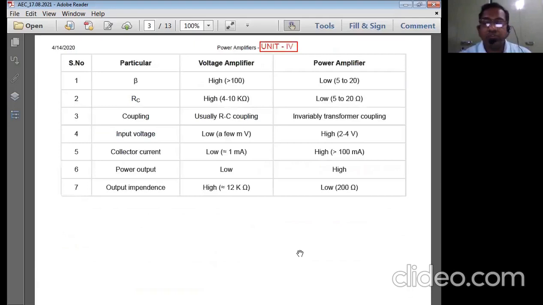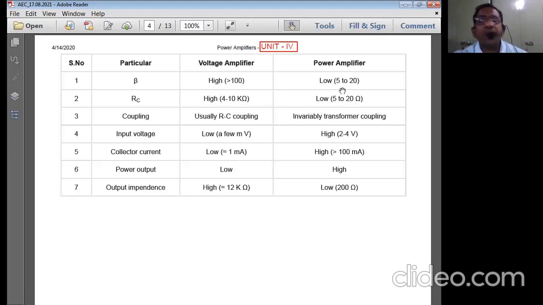Sometimes you may be asked to write the differences between the voltage amplifier and the power amplifier circuits. For a voltage amplifier, the first factor is the beta value, that is nothing but the gain of the amplifier. The beta factor will be greater than or equal to 100.